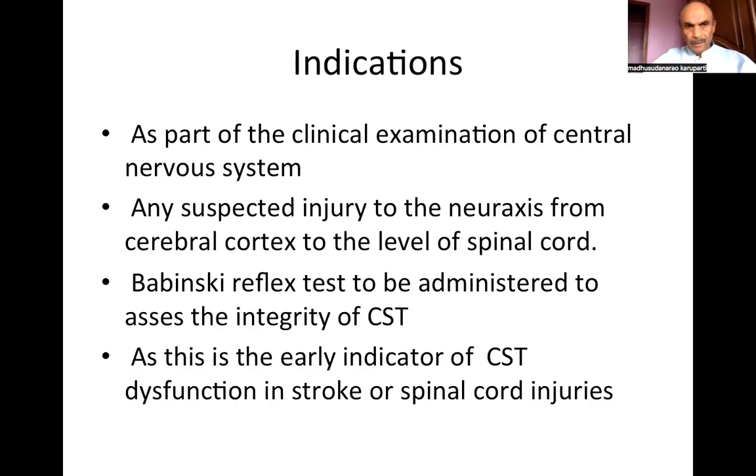Then what are the indications? The Babinski sign is commonly performed in all patients in the clinical examination of the central nervous system. Any suspected injury to the neuraxis, from the cerebral cortex to the level of the spinal cord, is going to be positive, resulting in the extension of the great toe with fanning of the rest of the toes.